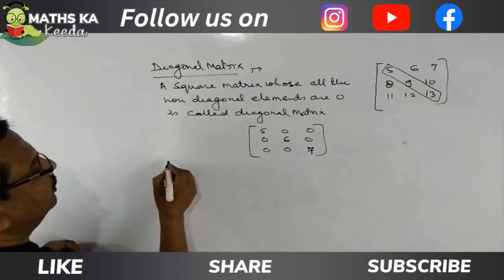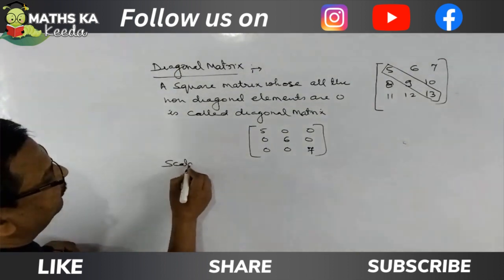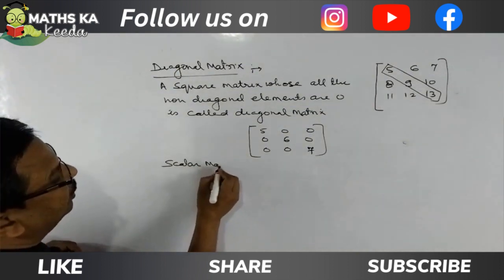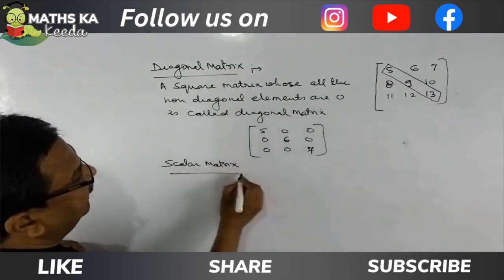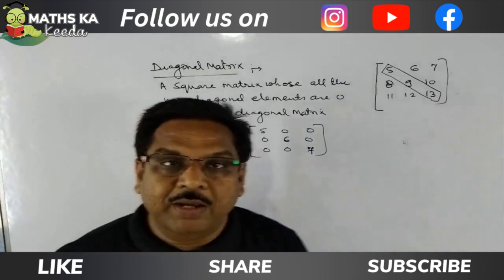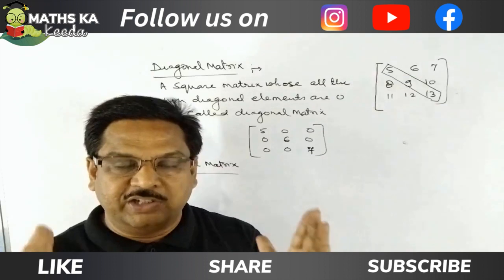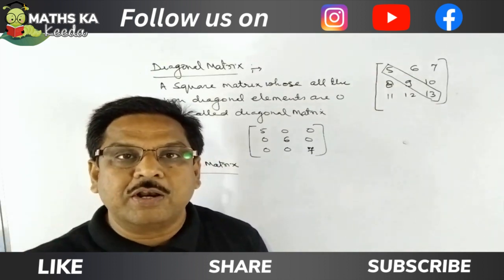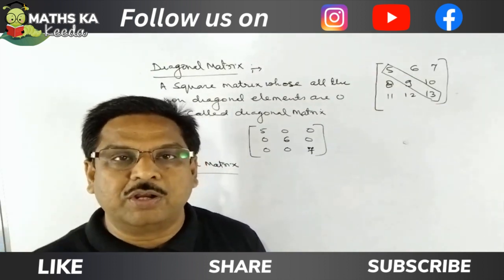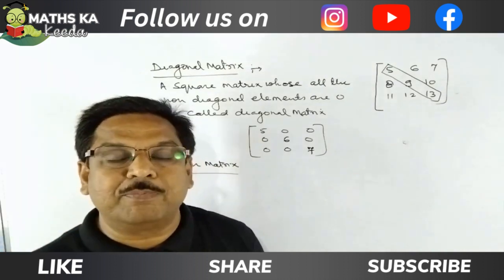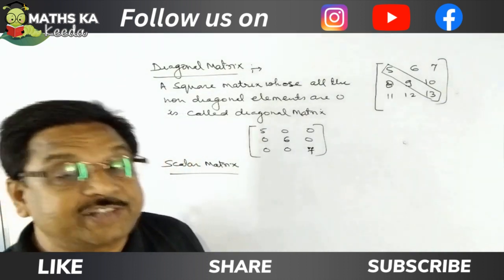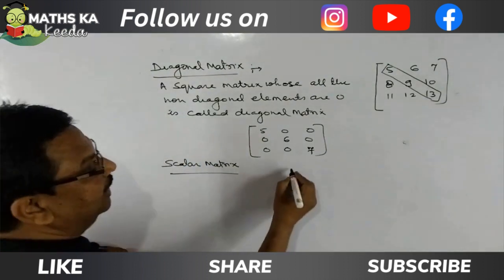इसी तरीके से suppose scalar. तो what is the difference in scalar matrix? A square matrix whose all non-diagonal elements are 0 and all elements of the main principal diagonal are same, then you can say scalar matrix.